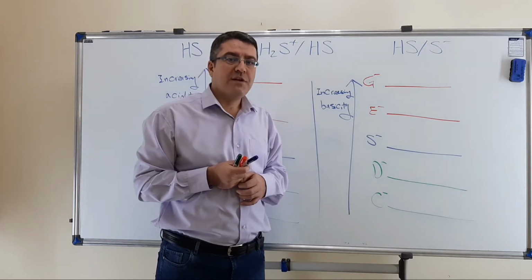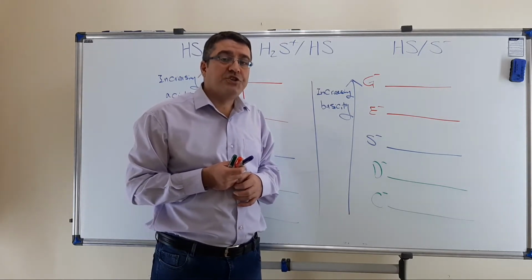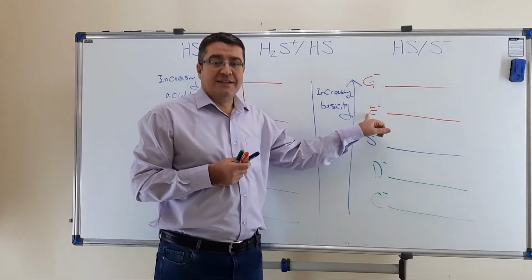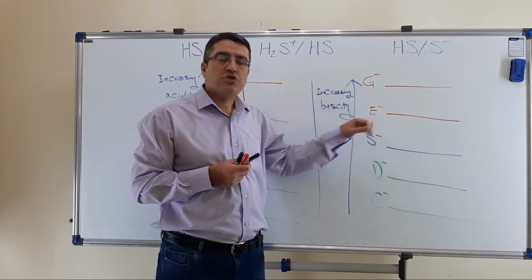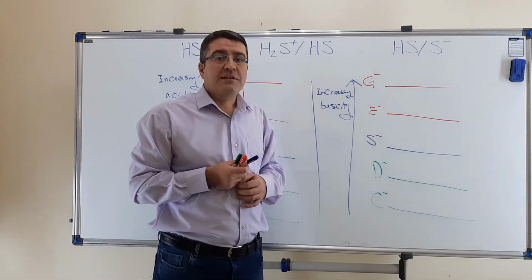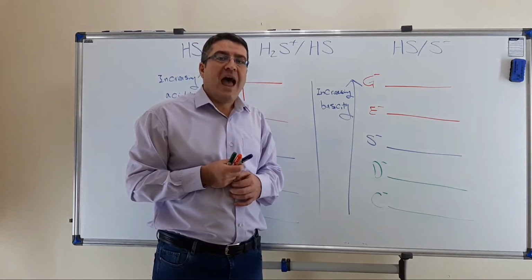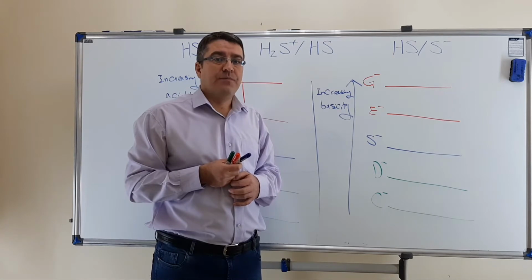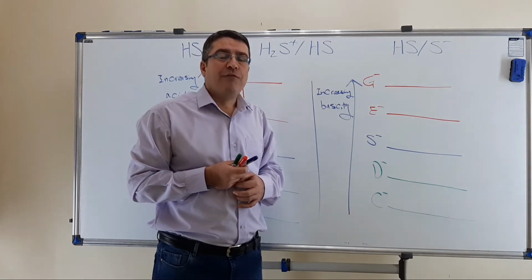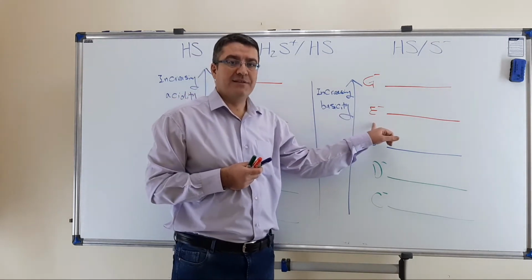In other words, the equilibrium constants of reactions that produce strong bases in the solvent are so small that we can neglect them. Therefore, we don't consider acidic properties, proton donating abilities for the conjugate acids of strong bases.